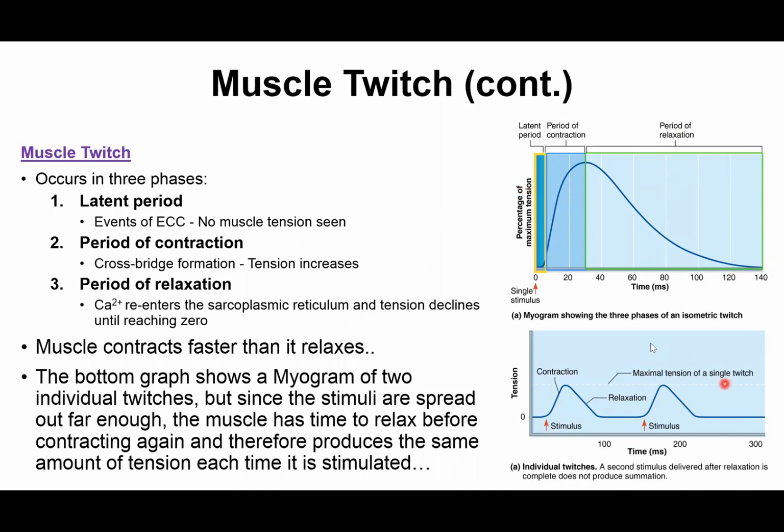So this one down here is showing you two individual twitches. But since these two stimuli are spread out far enough in terms of time, the muscle is given plenty of time to relax the entire way before it contracts again. And therefore, the tension that's created is going to be the same both times, right?